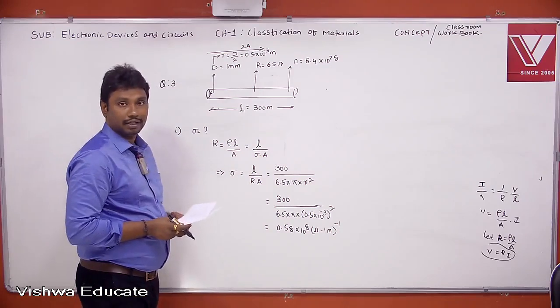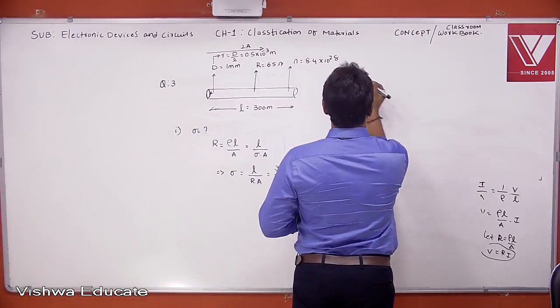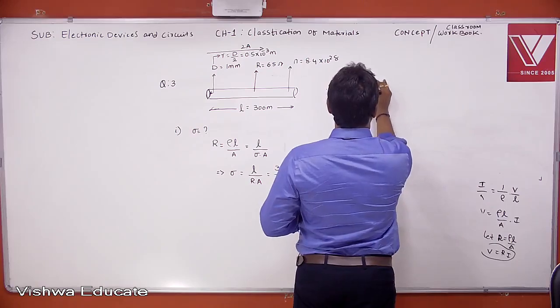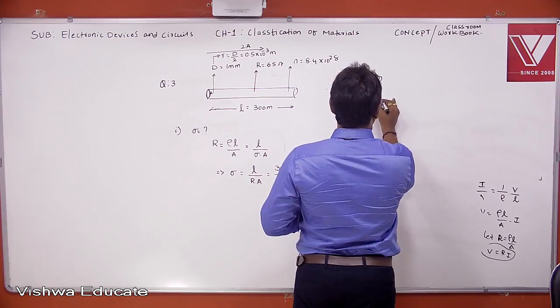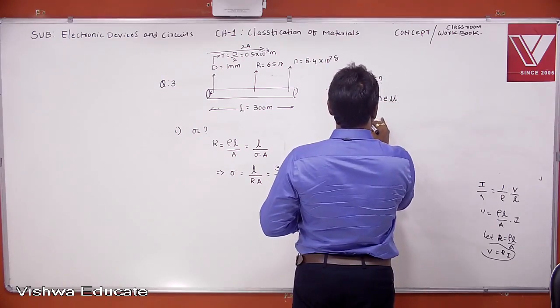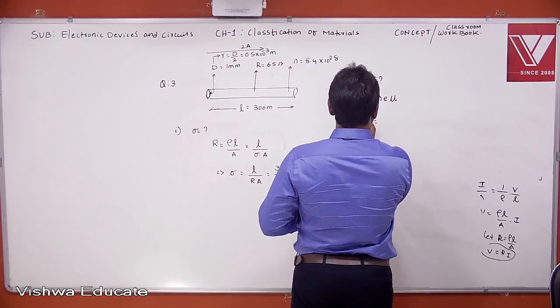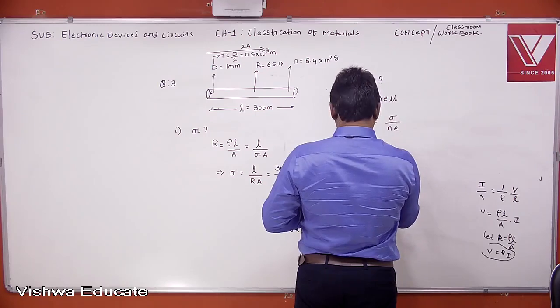This is the conductivity. And the next bit, what is the next bit here? Mobility, we want to calculate, right? What is the relation between mobility and conductivity? Sigma equals N into E into mu, right? From this, mu equals sigma by Ne. What is the sigma value here?